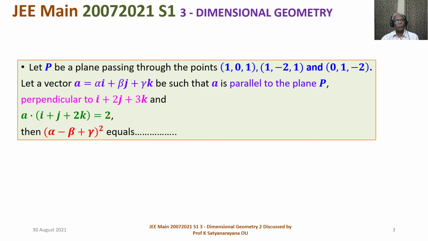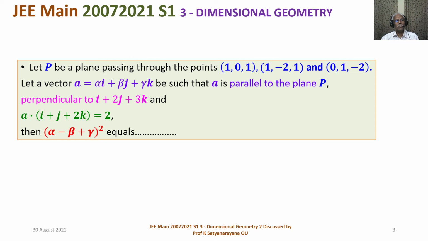It is a good question. The question asks you first to get the equation of the plane passing through 3 points and then tests your knowledge about a vector parallel to a plane and a vector perpendicular to another vector, and whether you can do the dot product of two vectors or not, and solve the resulting equations.